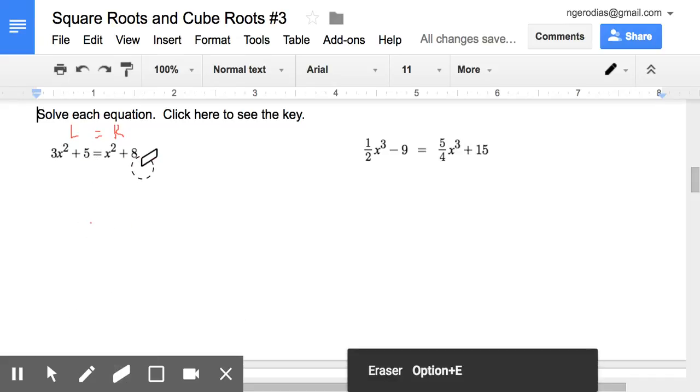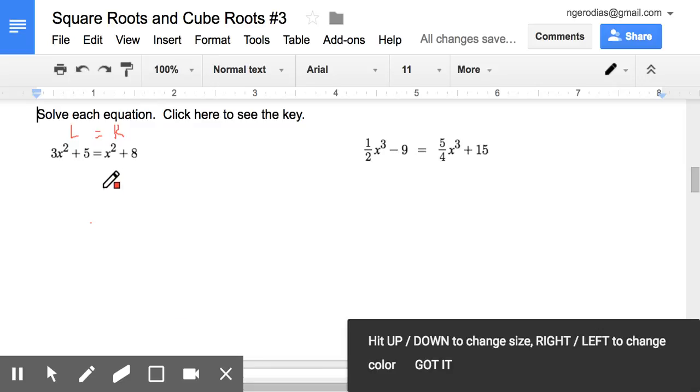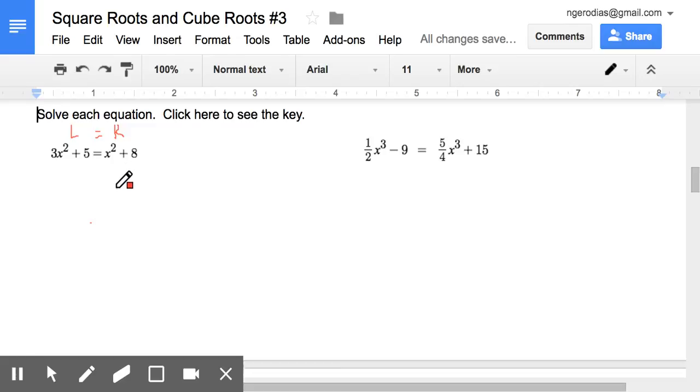So in order to solve this, we can start with taking away x squared from both sides, because I don't want to see an x squared on the right side, since I want it to be separated from 8. So I'll take away x squared from the right, and I'll have to take away the same thing from the left.